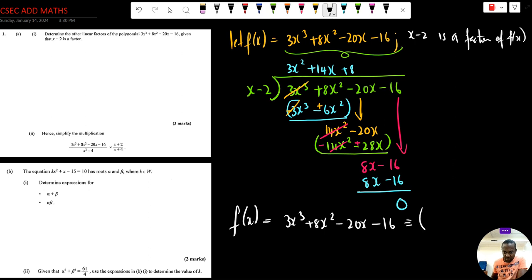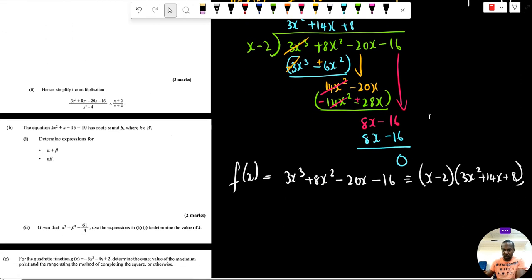And this, of course, is equivalent to x minus 2 times the quotient, which is 3x squared plus 14x plus 8. So we've managed to factorize the polynomial.